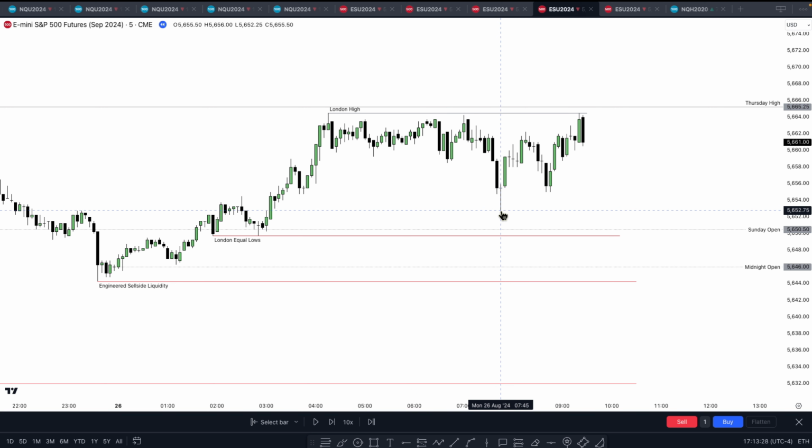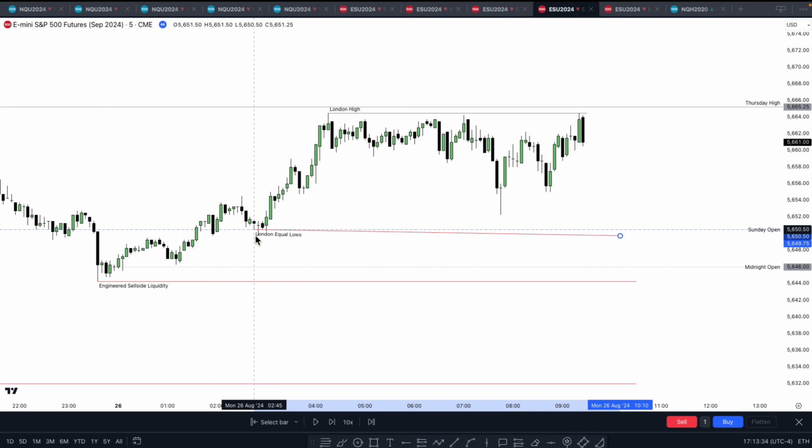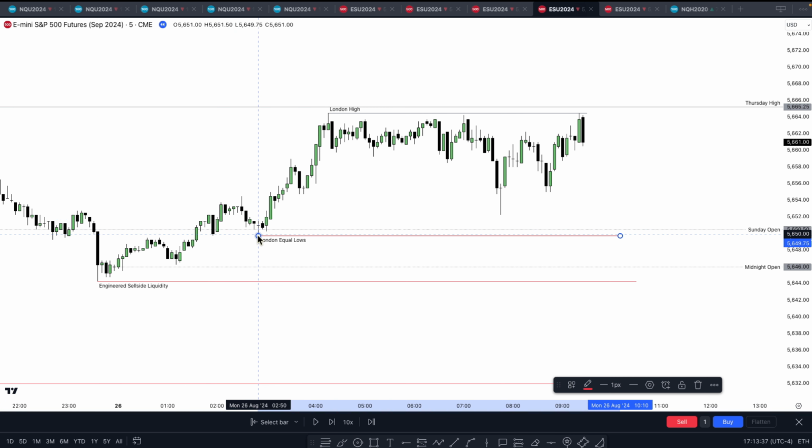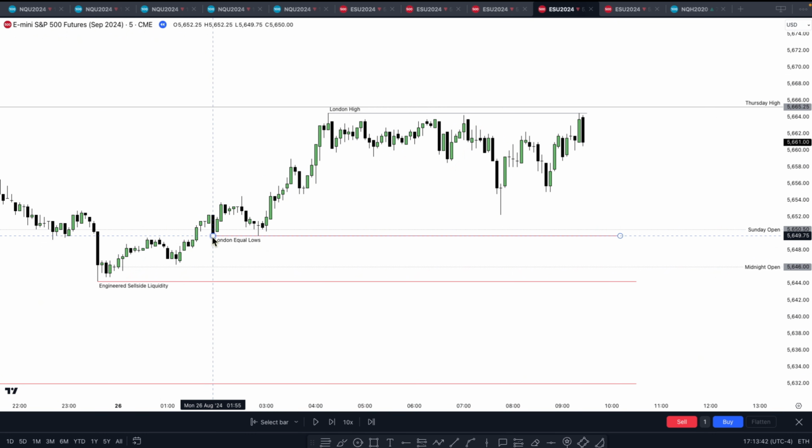We have low right here, falling just short of Sunday's open, but look right where my cursor is here. We have London low right here, formed at 2:50 this morning. And if we drag that out to the left, we see that those are equal lows. Okay, so we know that session lows in and of itself are great things to target, and you can expect price to go to those session liquidity pools.